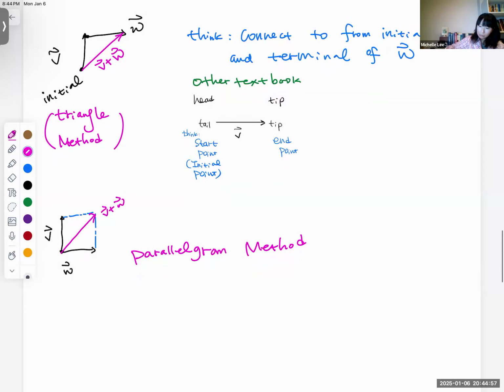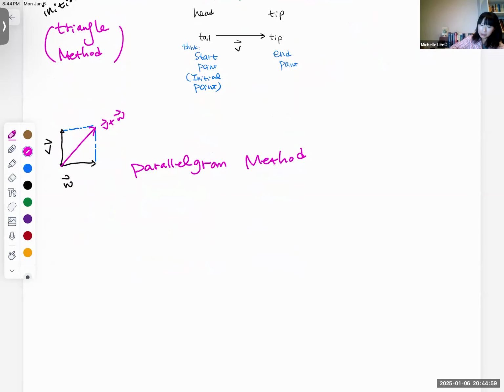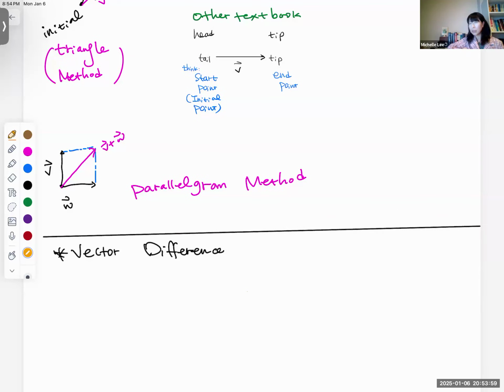Okay. How about vector difference? So for vector difference, we have a vector v here, and then vector w.